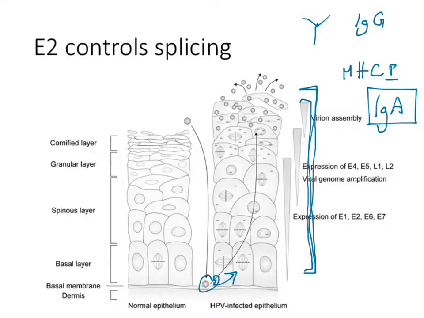The idea is to start somebody on these vaccines before the first time they have sex, and hopefully it works as long as the time that they have multiple partners, if they do in the first place.